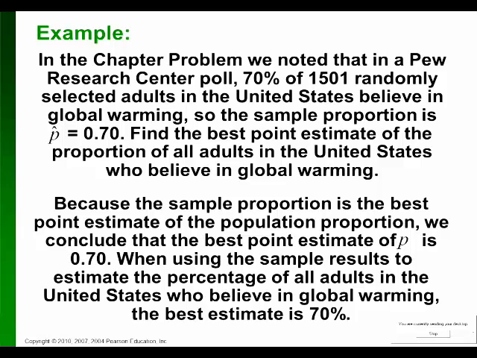So if the sample proportion is 70% or 0.7, and you ask what's my best guess at the population proportion, I'm going to say, well, if the sample has 70%, then the population probably has 70% as well. That's all the last slide was saying. Sample proportion is the best thing to use to predict population proportion.